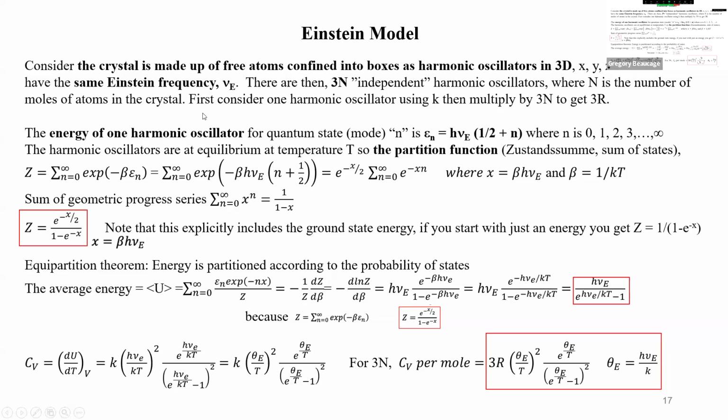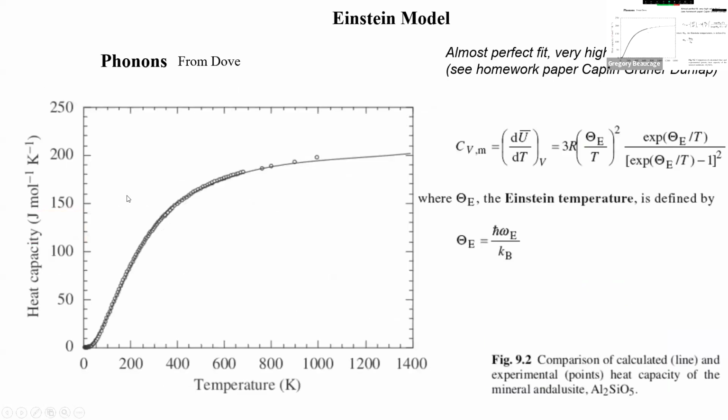The Einstein approach gives you the answer of Dulong-Petit, but it can also explain more. This is the temperature dependence for an aluminum silicate crystal. It plateaus at the high end, but the heat capacity drops at very low temperatures, going to almost 0 when you get to absolute 0. So there's a dependence that doesn't exist in Dulong-Petit, which is just a straight line with no temperature dependence.